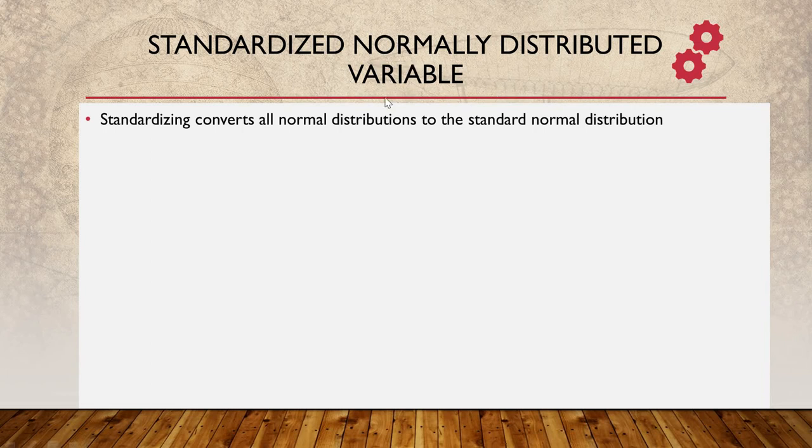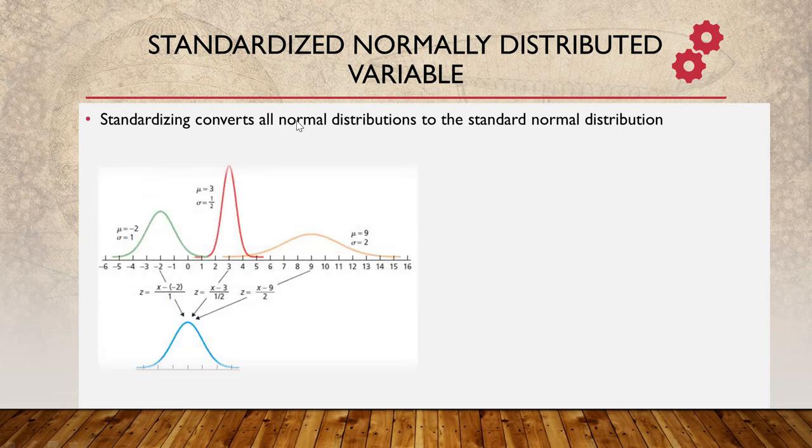So in order for us to calculate, we need to standardize our normally distributed variable. We have a lot of shapes like just now, so standardizing converts all normal distributions, the flatter one, the slimmer one, the regular one, into one standard normal distribution with this formula. At the end of this subtopic, you will be using this formula.